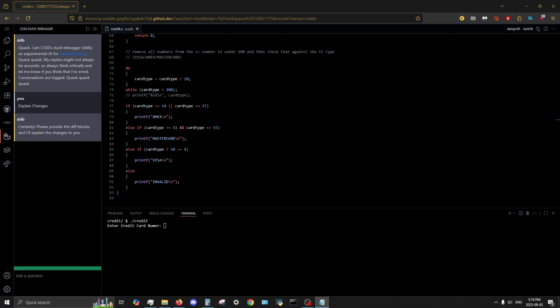This number is 3400 0000000620. Amex. So if card type is 34, return Amex. Why is it supposed to be invalid? Because the math is not correct?